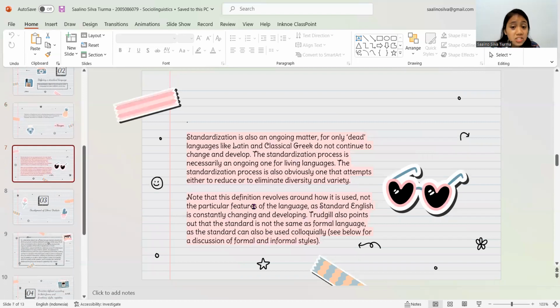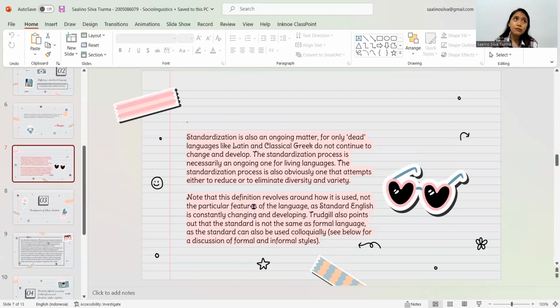Next, standardization is also an ongoing matter, for only languages like Latin and classical Greek do not continue to change and develop. The standardization process is necessarily an ongoing one for living languages. The standardization process is also obviously one that attempts either to reduce or to eliminate diversity and variety.